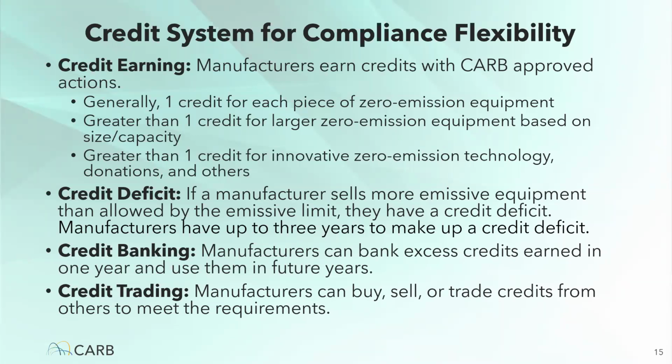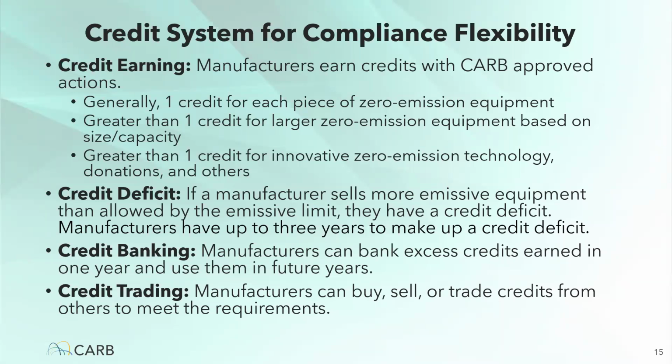But generally, manufacturers would earn one credit for each piece of zero-emission equipment produced and delivered for sale or sold in California that reduces their emissive sales below the limit. We're also proposing credits that are greater than one for larger capacity and innovative zero-emission equipment, as well as zero-emission equipment that's donated to incentive programs, and other actions that we'll cover shortly.